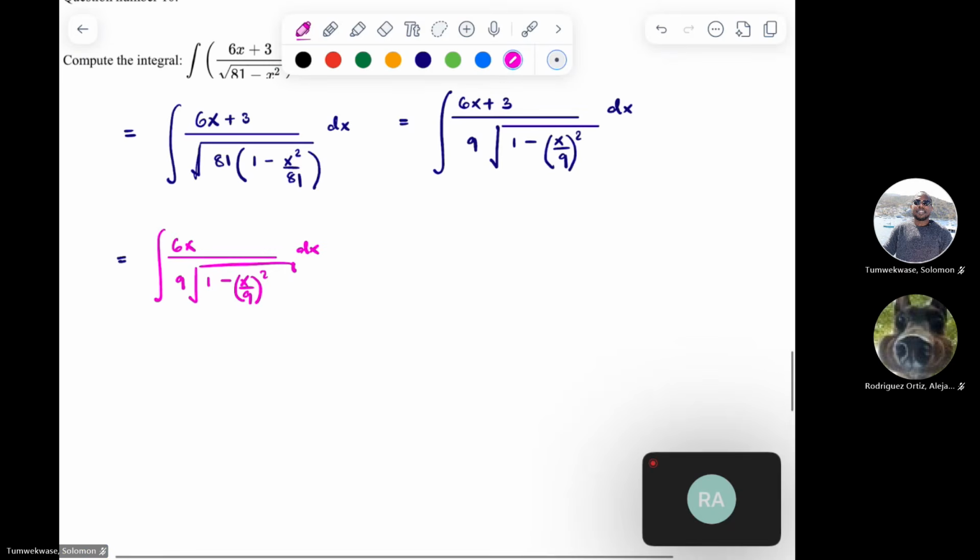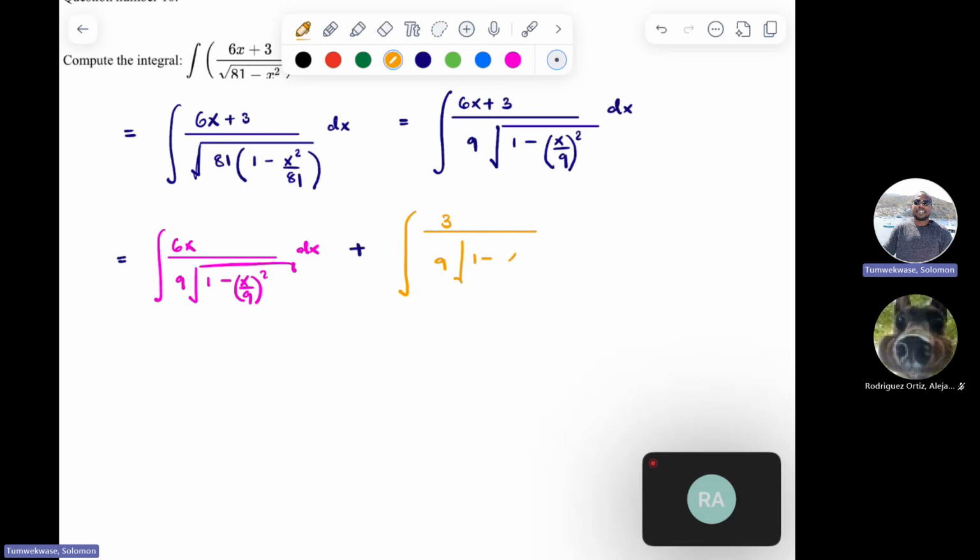Okay, then plus the second integral, which is just integral of 3 over 9 square root of 1 minus x over 9 squared, then dx. Okay, so I'm going to first do the orange one.